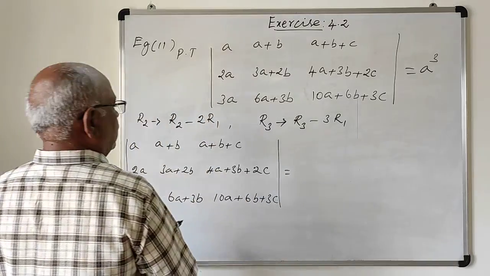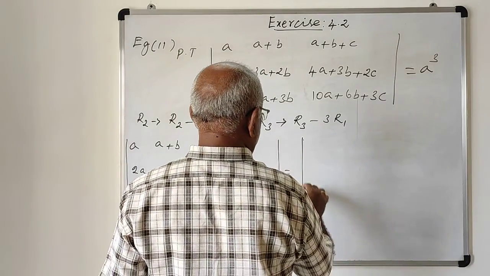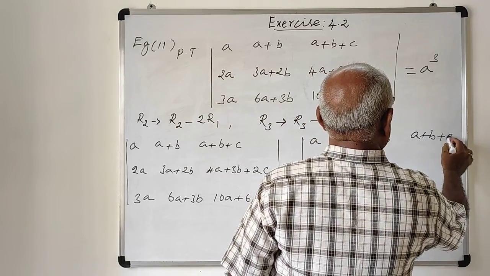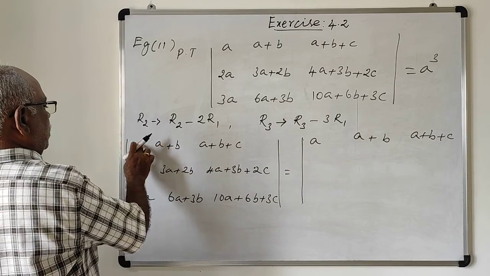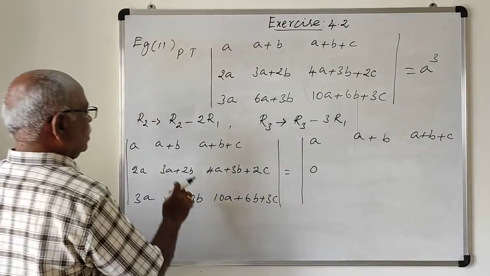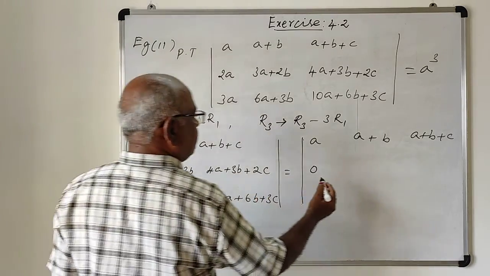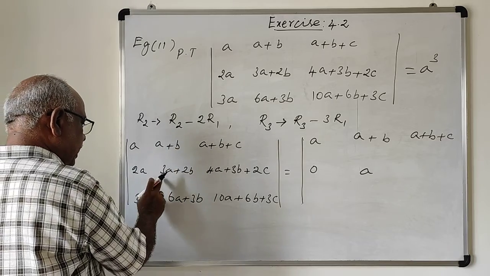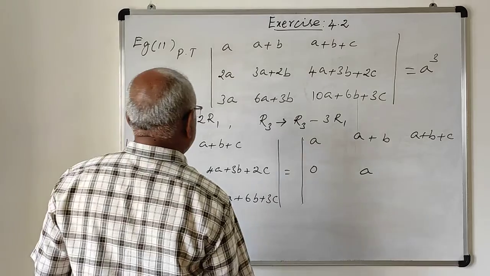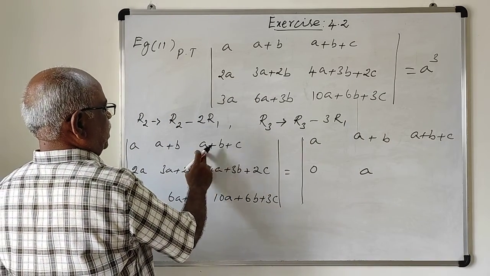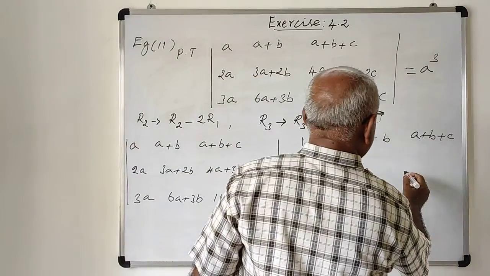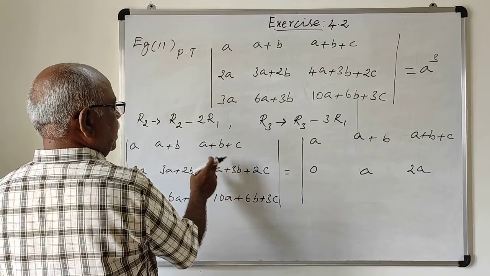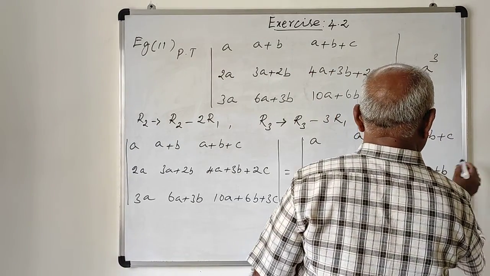This is equal to R1 as it is, A plus B, A plus B plus C. R2 is R2 minus 2R1, 2A minus 2A is 0, 3A plus 2B minus 2A minus 2B is A, 2A plus 2B plus 2C minus 2A minus 2B minus 2C is 0. Next, 4A plus 3B plus 2C minus 2A plus 2B plus 2C is 2A plus B.